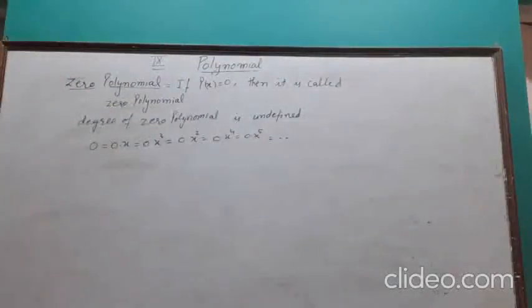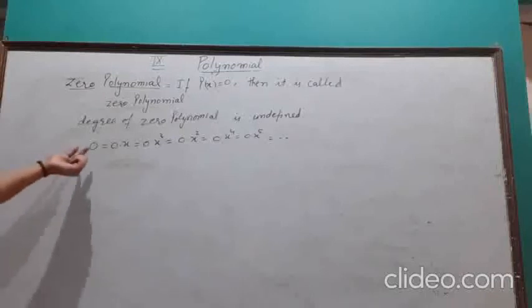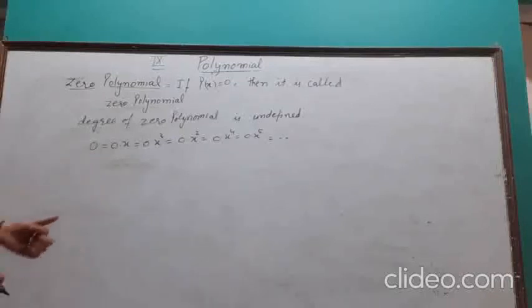So we can't decide the degree of this 0. That's why the degree of zero polynomial is undefined.